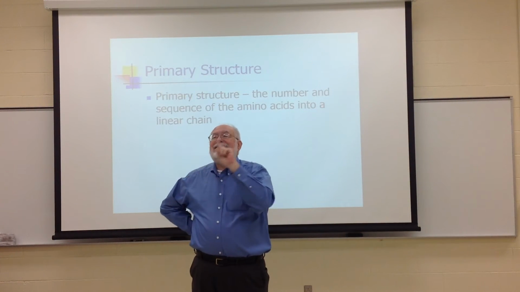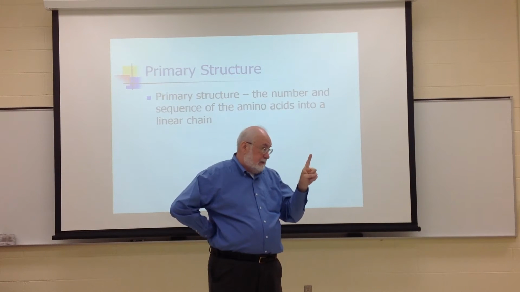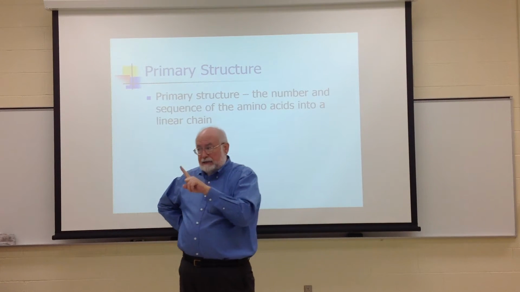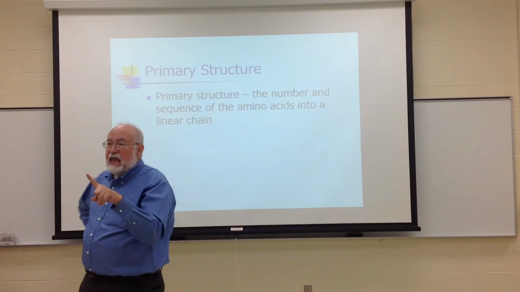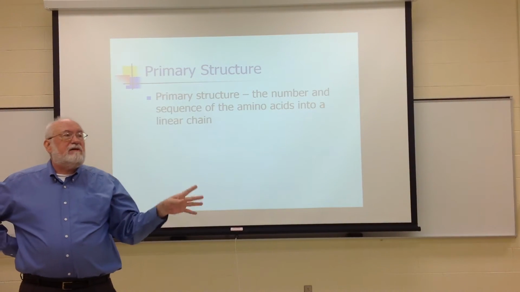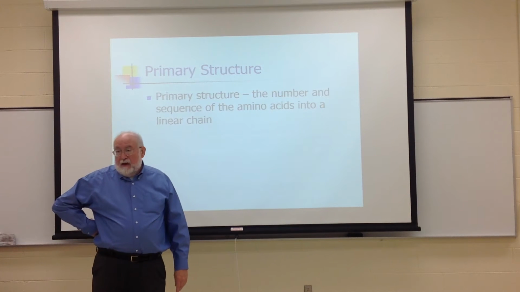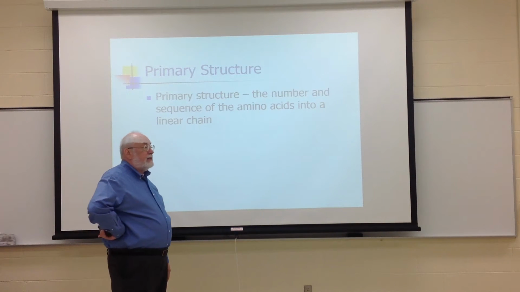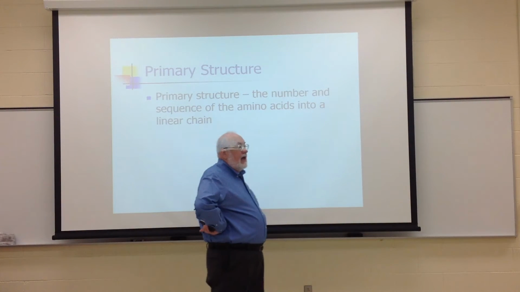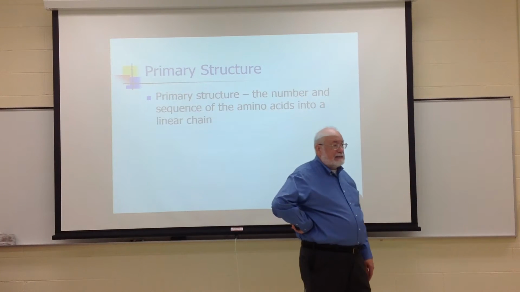There are 20 different amino acids. So as you can see, you've got an almost limitless number of combinations you can come up with, because the number varies considerably, as does the sequence of the amino acids.